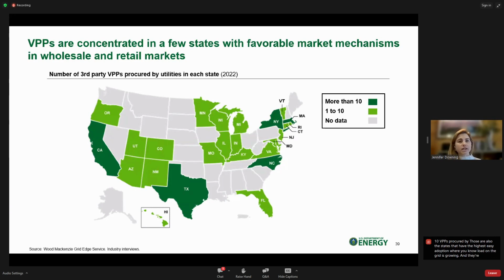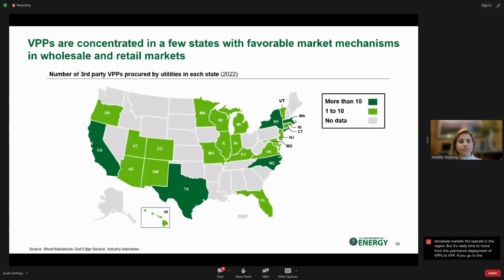And they're also the states where there are favorable regulations for virtual power plants. And that's either at the state level with how utilities are regulated, or in the wholesale markets that operate in the region. But it's really time to move from this patchwork deployment of VPPs to VPP scale.